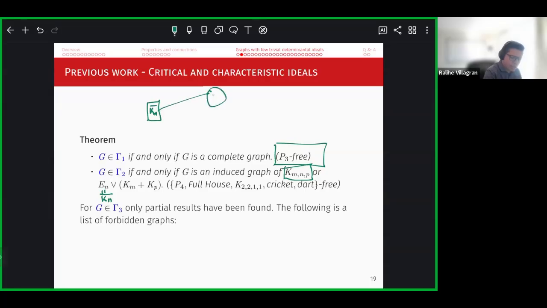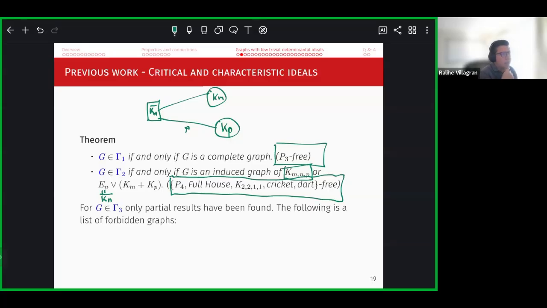And then you have a clique, another clique, and this edge means that every vertex here is connected with every vertex here. So this is the characterization using a set of forbidden induced graphs. So actually, with this, we know that the graphs whose sandpile group has at most one invariant factor equal to 1 is again the complete graph.